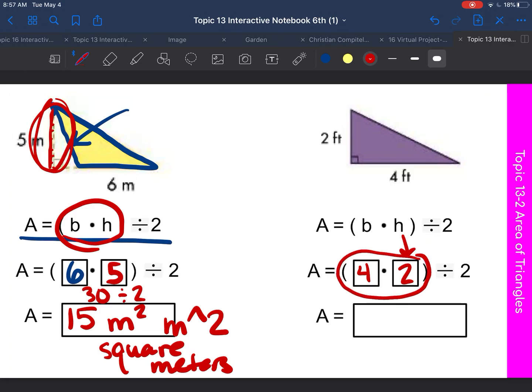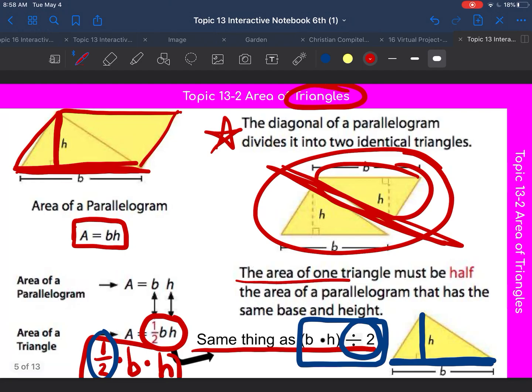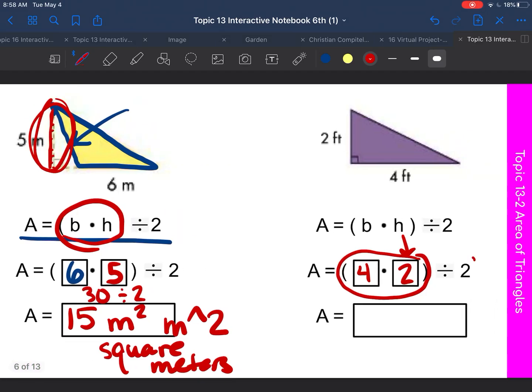But the area of one triangle is half the area of a parallelogram that has the same base and height. So we need to divide it by 2. So 4 times 2 is 8. 8 divided by 2 is 4. And then we need a unit, feet squared, or square feet.